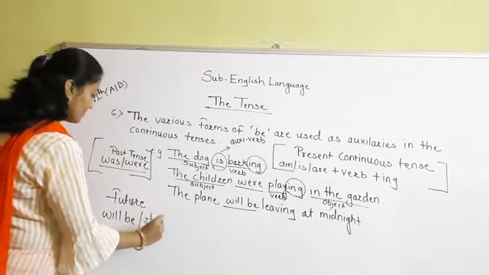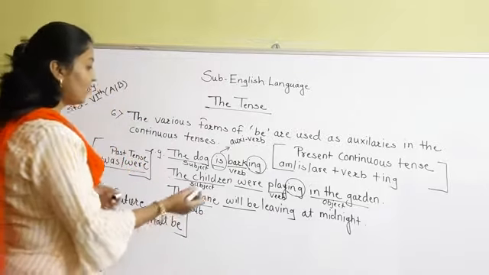I hope that you have studied it in your previous classes. So the plane is the subject here, and as we are talking about the future tense, we are using "will be" here. For future tense we are using "will be" or "shall be," that I have given here.